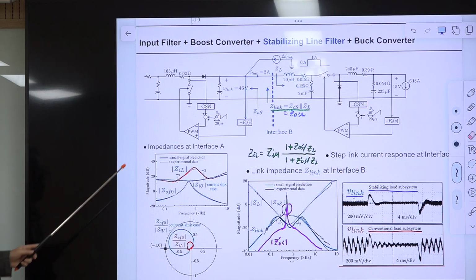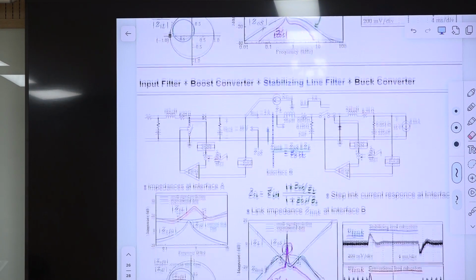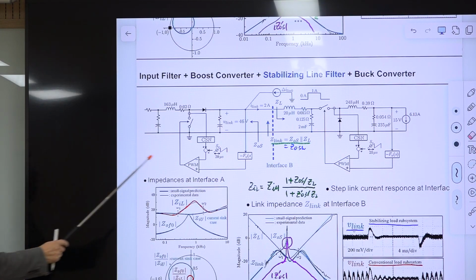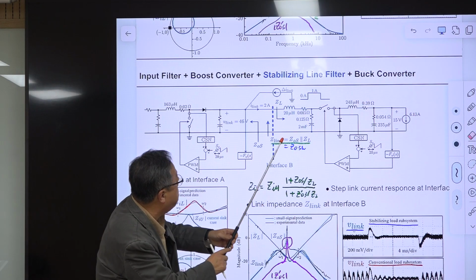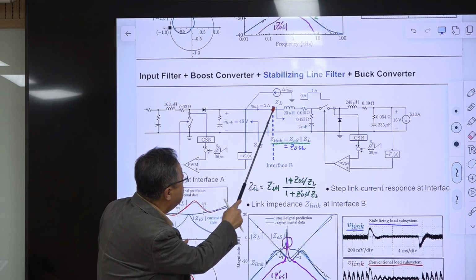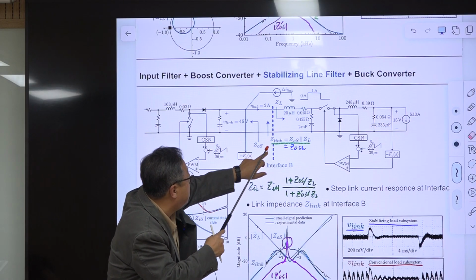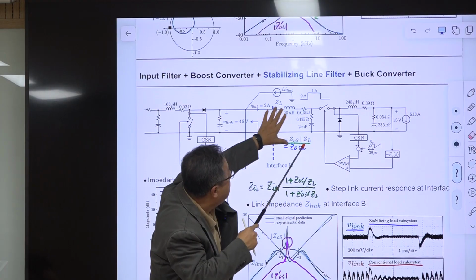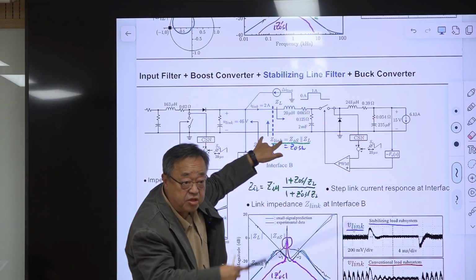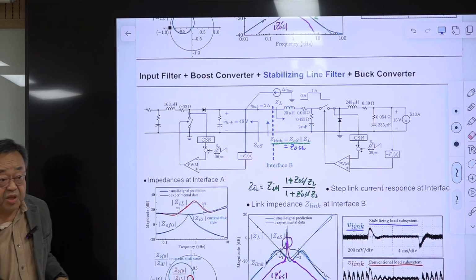So I call it stable. Okay, let me say one thing. This DC link impedance is actually the parallel combination of this and this, because the G link is defined at this point. So there are two impedances, one here, then the parallel combination of them is the G link, the DC link impedance.